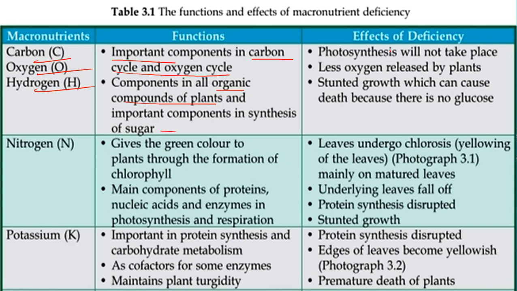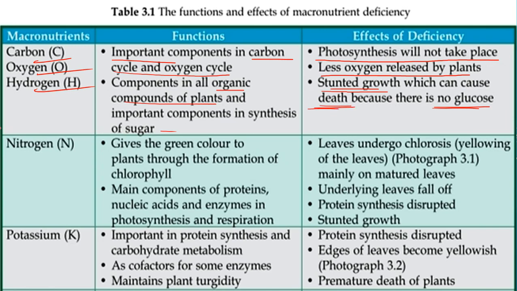Effect of deficiency, maksudnya kesan kekurangan C, O, H: photosynthesis will not take place and less oxygen will be released by the plant. Sebab photosynthesis tidak berlaku, of course less oxygen will be released. The growth of the plant will be stunted, terbantut disebabkan tidak ada glukosa. It can cause the death of the plant.